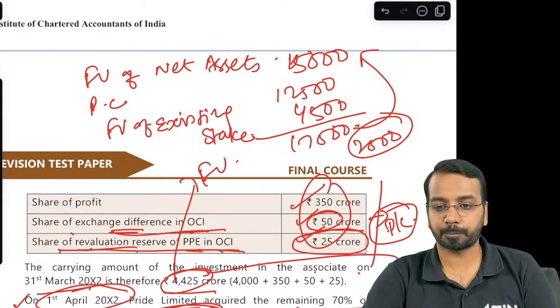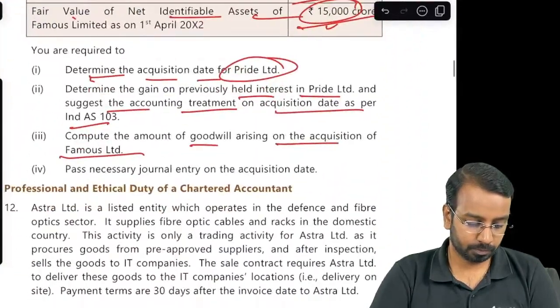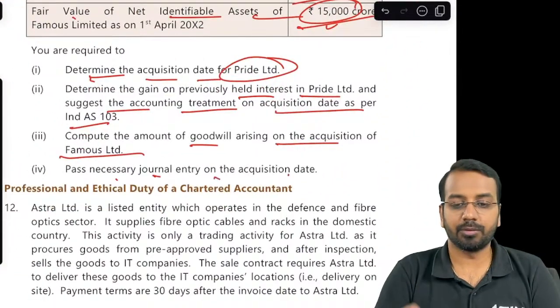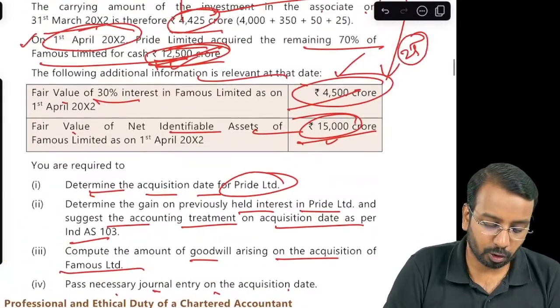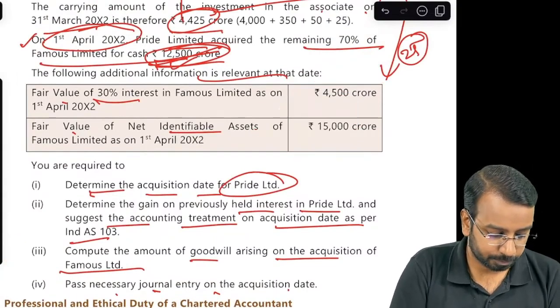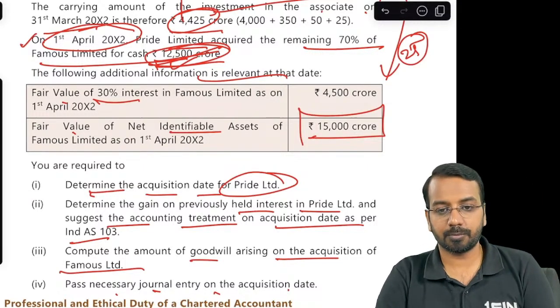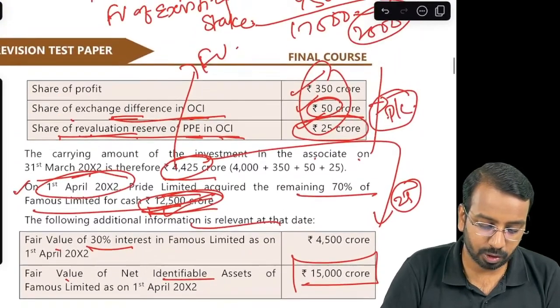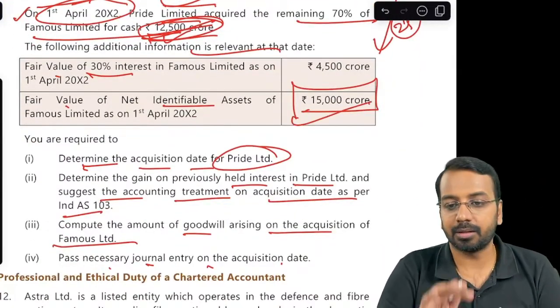Right. Now, pass the journal entry on the acquisition date. On the journal entry on the acquisition date, what we will do is, we will incorporate the net identifiable assets, that is 15,000 crores. We will recognize the goodwill of 2,000 that we have calculated. So debit 15,000, debit 2,000.